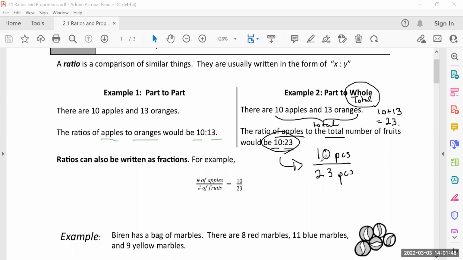And if a part to a whole can be written as 10 to 23, well, a part to part can also be written as 10 to 13. It would simply be not to a whole, it would be 10 apples to 13 oranges. You can write ratios as fractions and vice versa. Any questions? No? Okay. Well, let's see some examples in action.